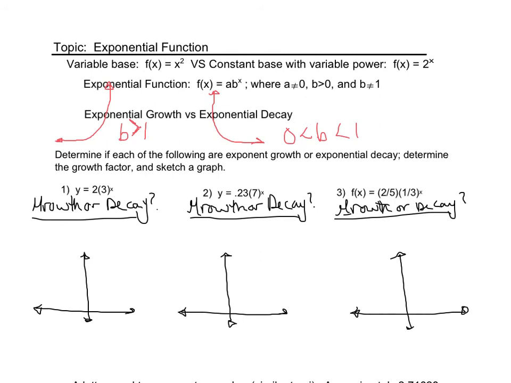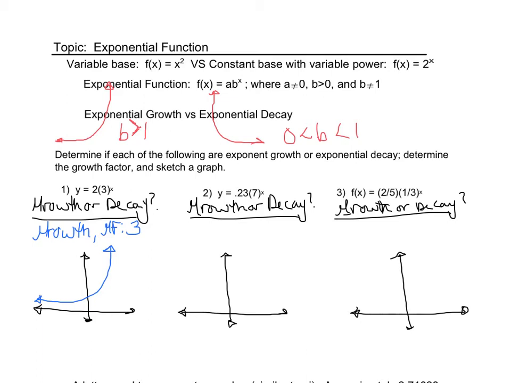Okay, so on the first one, I look for my base to determine if it's growth or decay, and I see that my base, the thing that's being raised to the exponent, is 3. Since my base is greater than 1, I'm going to go ahead and say that that's an exponential growth function, and it's going to have a growth factor that I'm going to call the GF of 3. So if it's growth, it will look something like this.